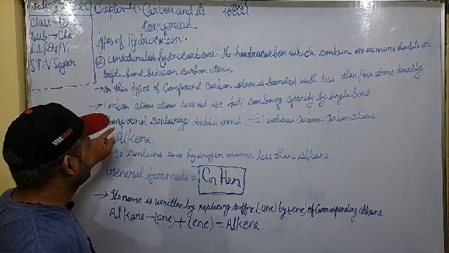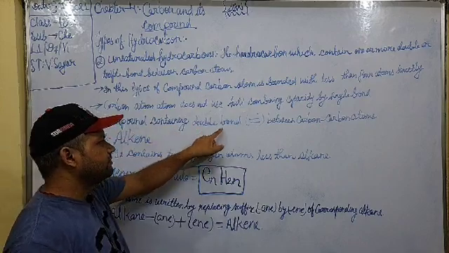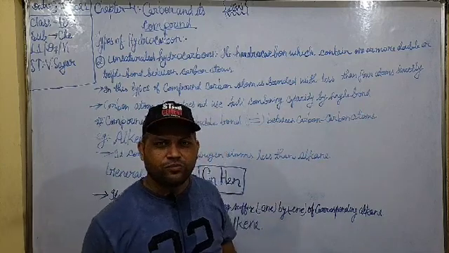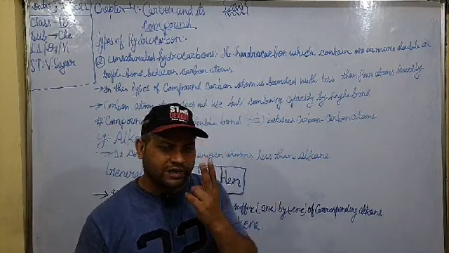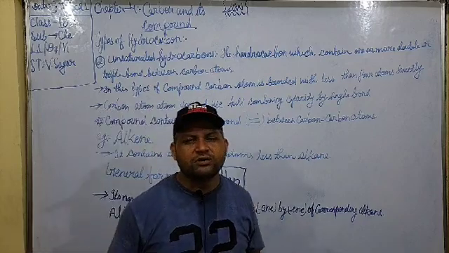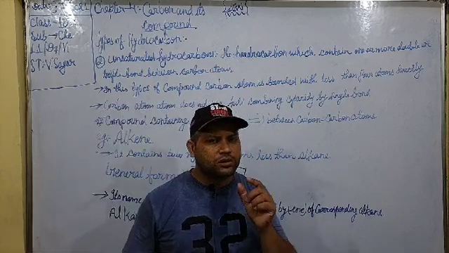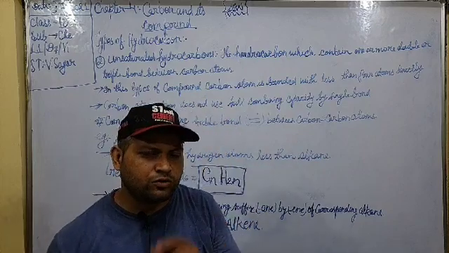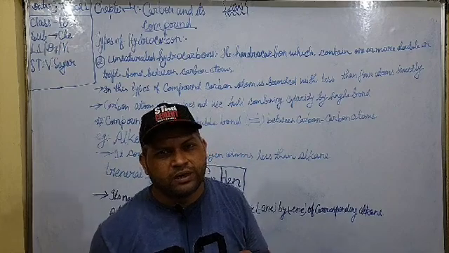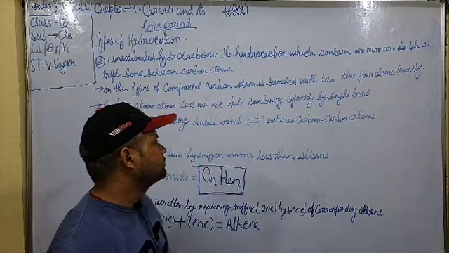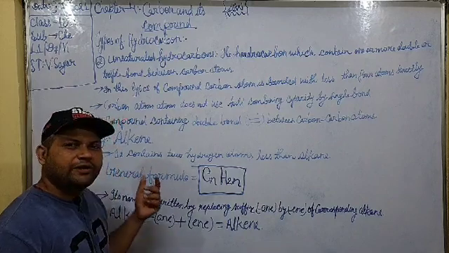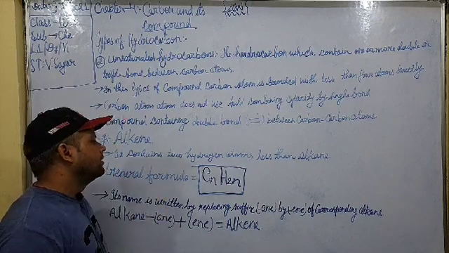Second is compounds containing a double bond between carbon-carbon atoms, which I am going to discuss. As I have told you, there are two types of unsaturated hydrocarbons. One, the compounds having double bonds, and second, the compounds having triple bonds. So first of all, I am going to discuss the compounds having double bonds.